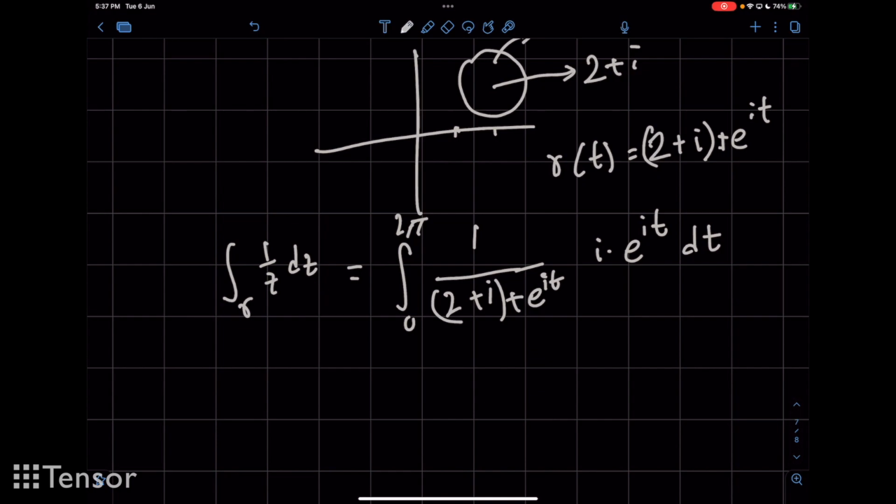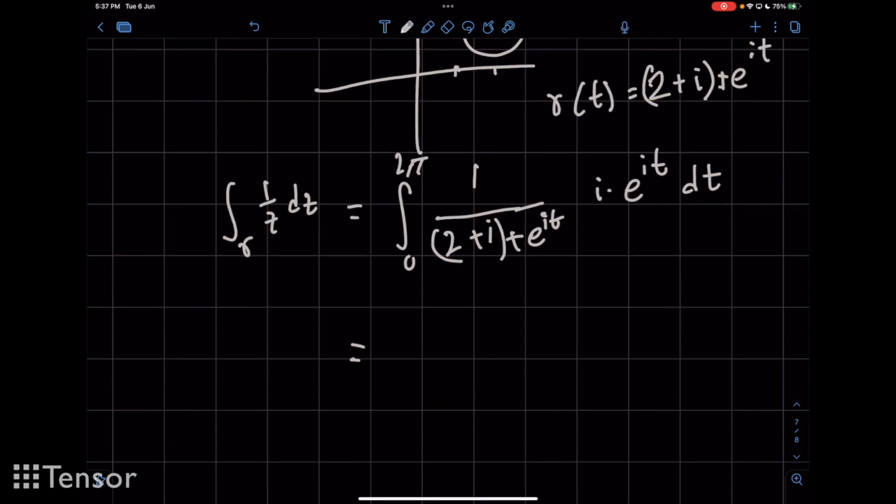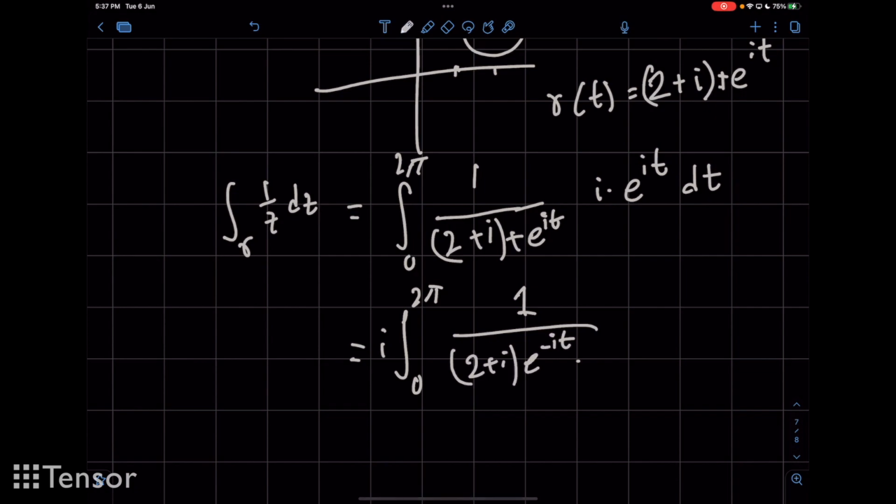So how do I do this integral? It is the integral from 0 to 2 pi of i e to the power it over 2 plus i plus e to the power it dt. Here, this can be split up into cosines and sines, and then you can do the integral.